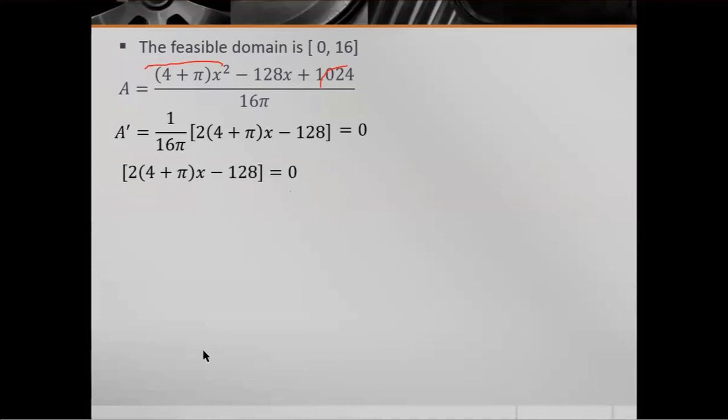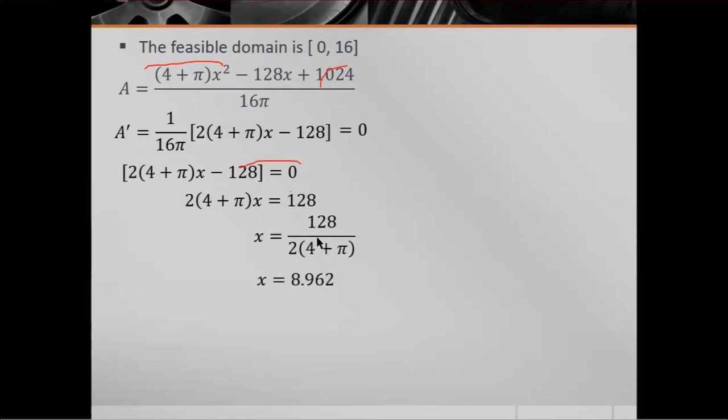Okay, so etong 128, pwedeng dalhin ito sa right side na maging positive 128. Then, pag tinira natin yung x, itong coefficient na 2 times 4 plus π, pwedeng maging denominator ng 128. Kaya ang mangyayari ngayon ay, ayan, na-transpose na natin yung negative 128. So, meron tayong x equals 128 all over 2 times quantity of 4 plus π.